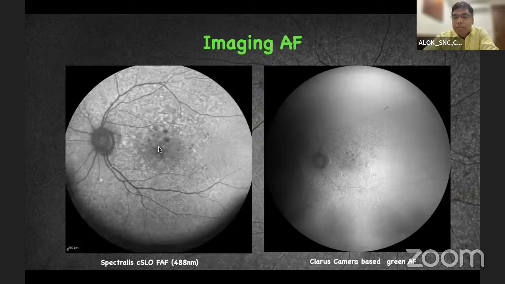And this reflects the macular pigments which block the blue autofluorescence. The other thing that is clear is that the blood vessels have less contrast with the green autofluorescence as compared to the blue autofluorescence, because the blood absorbs more of the blue light. Even the disc is darker in the blue autofluorescence as there are no fluorophores over the disc.